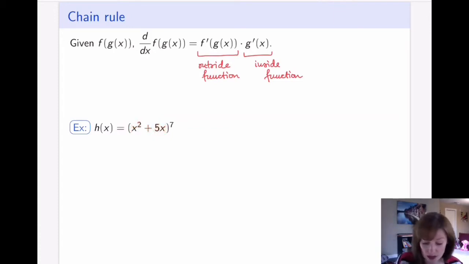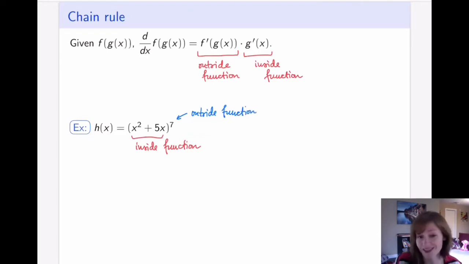So this is my inside function. And once we've computed that, we're going to raise everything to power 7. So that will be our outside function. It is helpful here too that the inside is physically on the inside of the power. So in this case, it is quite visible. We will see some slightly more obscure examples very shortly.